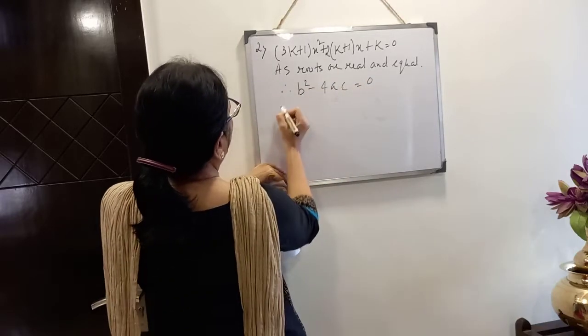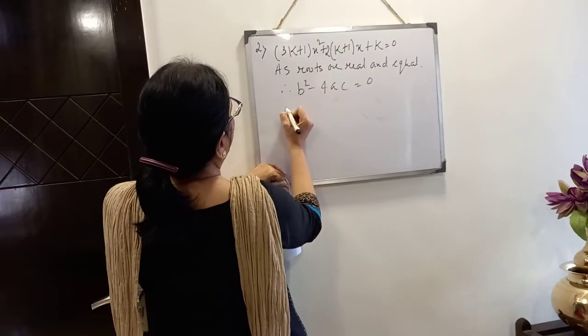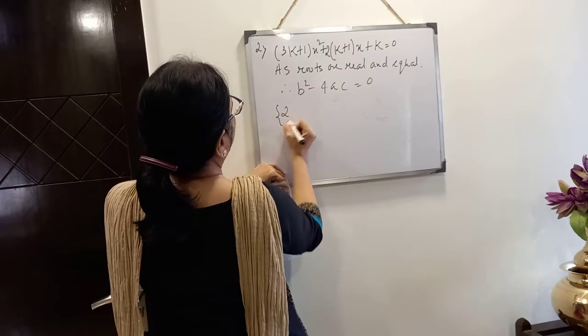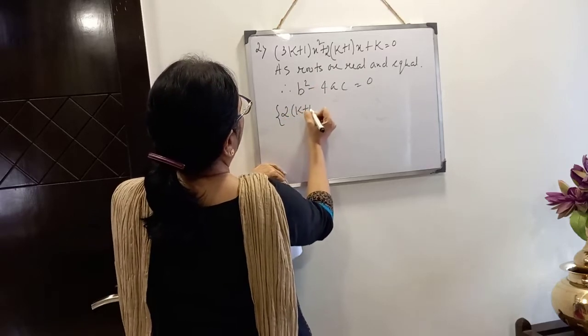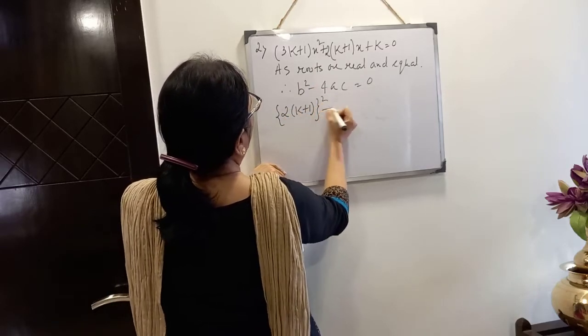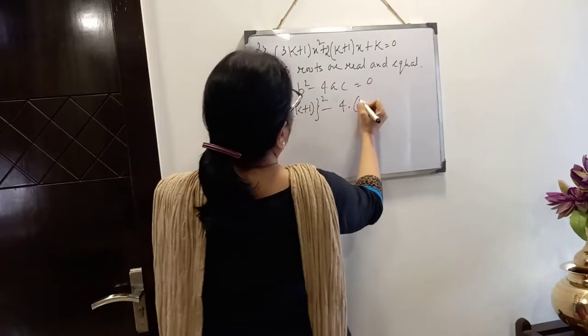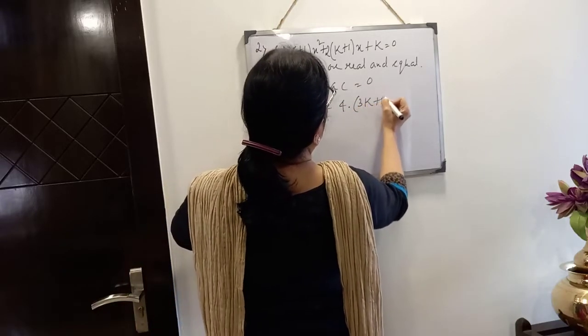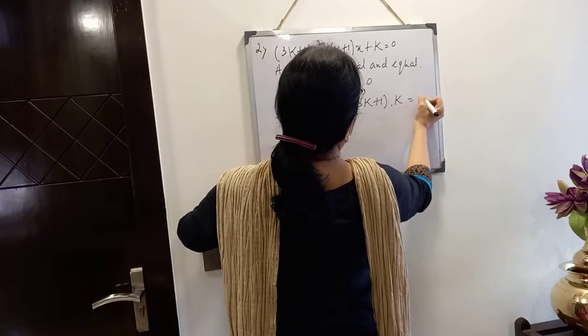So here discriminant, b means 2 into (k plus 1) whole square minus 4ac equal to 0.